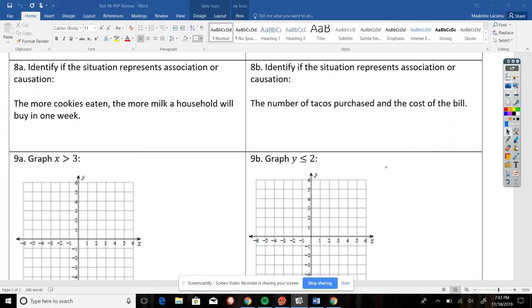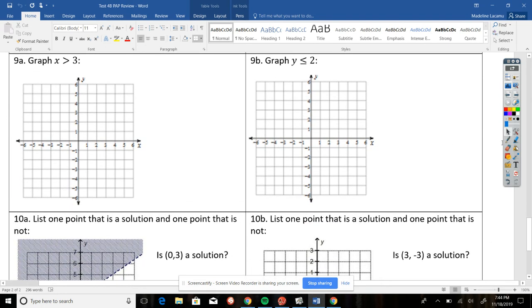Okay, 9b. We have y is less than or equal to 2. So if you remember when we had an equation like y equals 2, that was a horizontal line. Well, this is going to be the same thing. So we're going to have a horizontal line at y equals 2.